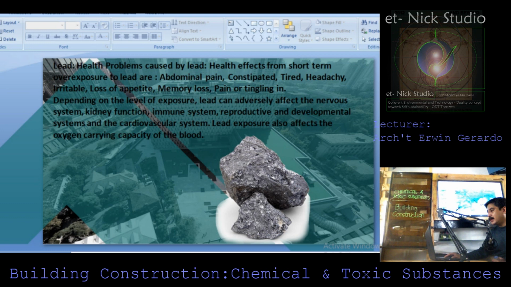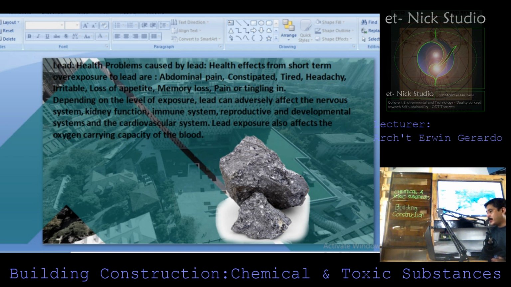Lead. Health problems caused by lead. The effects of short-term or overexposure to lead are abdominal pain, constipation, tiredness, headache, irritability, loss of appetite, memory loss, pain, or tingling in the hands and feet.